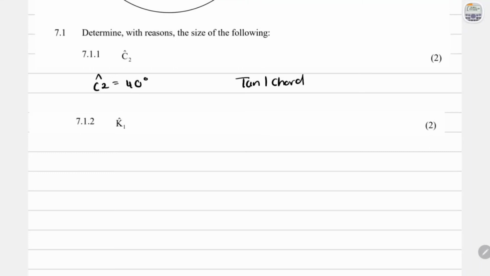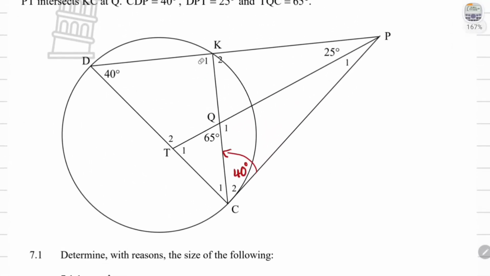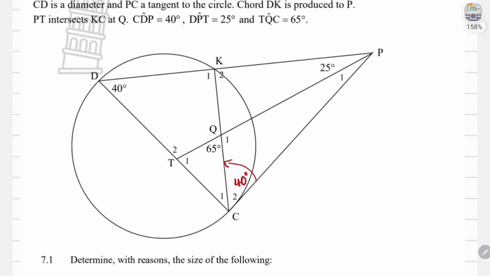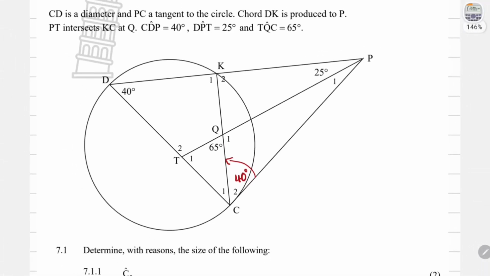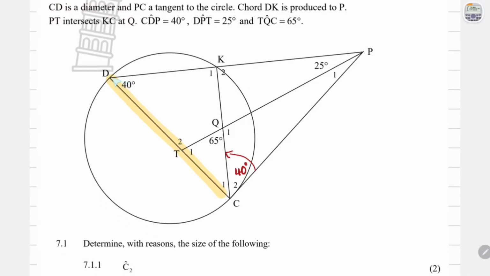They want us to find the size of angle K1. So angle K1 is over there. Let's look at K1. It's at the circumference, but do you see that it's been supported by DC, which they told us was a diameter, or CD? They told us that was a diameter. So the angle at the circumference supported by a diameter is always going to be equal to 90 degrees.